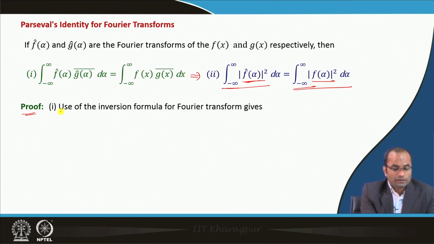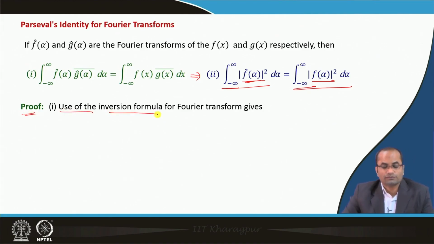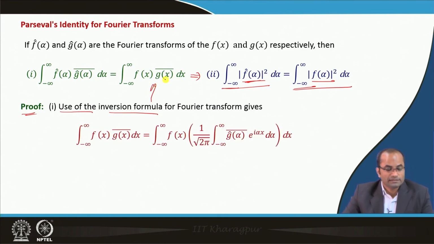Now we use the inversion formula for the Fourier transform to get back to these identities. If we take f(x) times the complex conjugate of g(x) dx, from minus infinity to plus infinity, we keep f as it is.